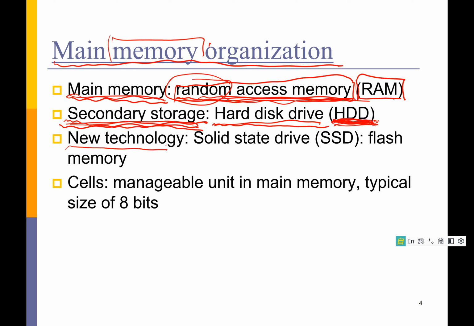So a new technology called solid state drive uses semiconductor technology to build an IC chip, an integrated circuit, that can store information in an IC device. And we call this flash memory. The advantage of a solid state drive, or SSD, is speed, just like random access memory.